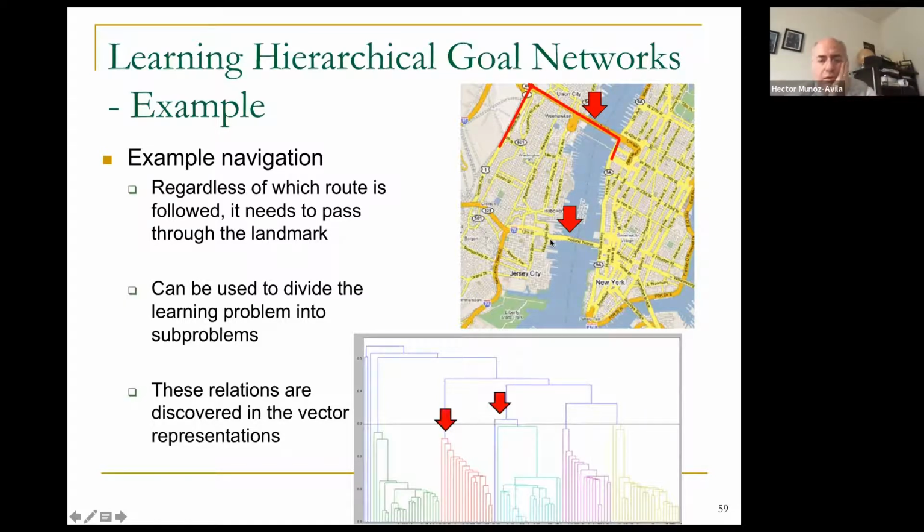You may have heard about planning landmarks. So suppose for a moment that the Lincoln Tunnel is in repairs. Then all of the traffic going from any location in Jersey City to New York will have to go through the Holland Tunnel, and that will become a landmark.